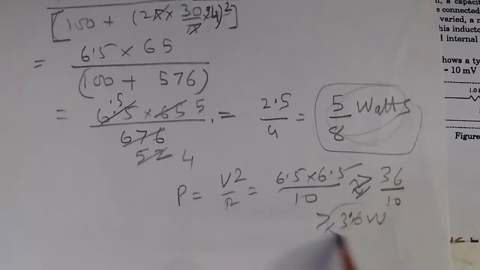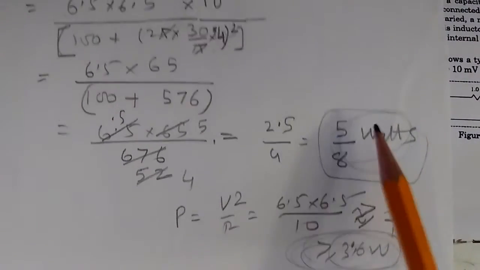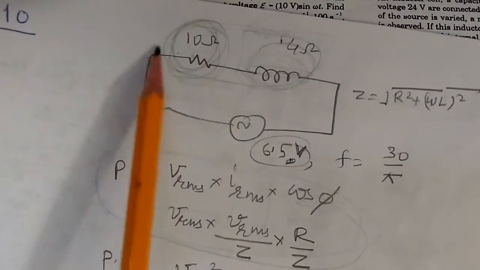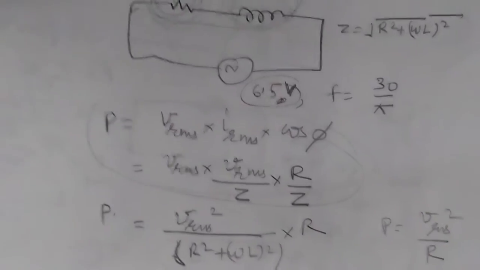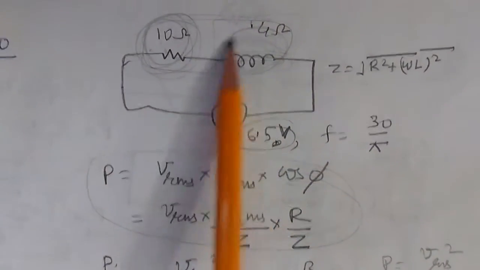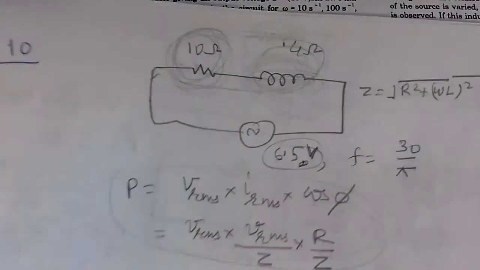So with only the resistor, the circuit would have consumed 3.6 watt, while with this inductor in place, the power drop across this resistor is only 5 by 8 watt. One more thing, there is no power loss in this inductor in a complete cycle. All the power loss is only in this resistor.